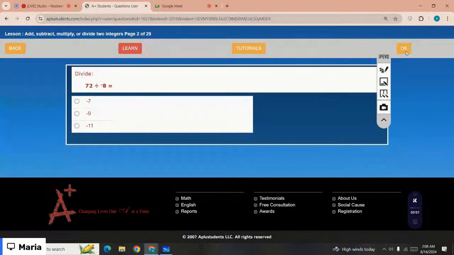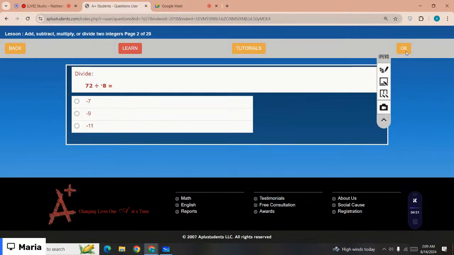The next one is 72 divided by negative 8. Which is the correct option? In case of multiplying and dividing integers, if one of the numbers is negative, the answer is negative, right?